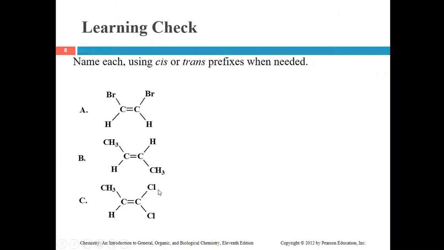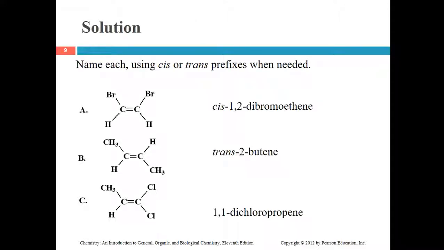Both of these atoms are the same on this particular carbon, so that means we're not going to be able to say cis or trans. So that was kind of tricky, wasn't it? So when they name it: cis 1,2-dibromoethene, trans 2-butene, then just 1,1-dichloropropene.